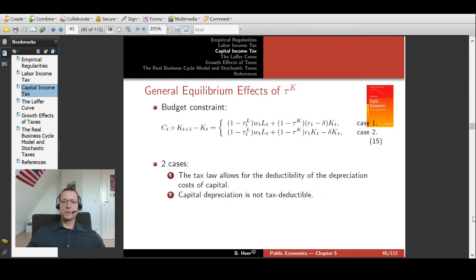The budget constraint is given in equation 15, and we distinguish two cases. The one where depreciation is tax deductible, that's case 1, and the one where interest income R_t k_t is taxed at rate tau k, and depreciation delta times k is not tax deductible.